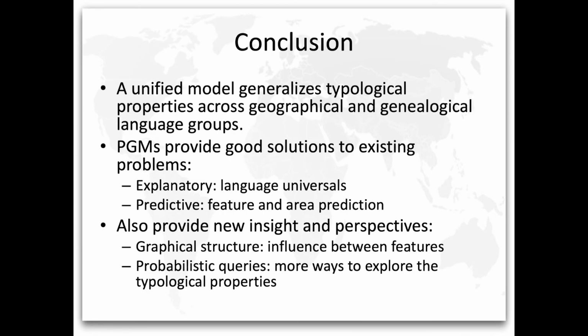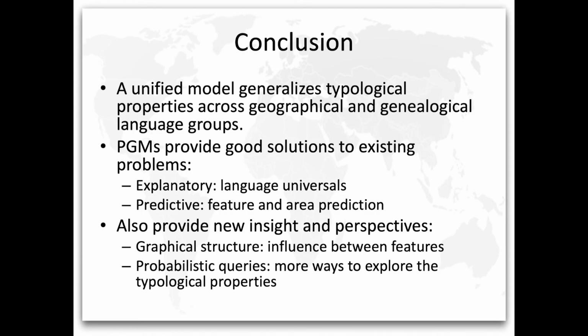Okay, finally, the conclusion. We developed a unified model that generalizes typological properties across geographical and genealogical language groups. PGMs provide good solutions to existing problems. They have very good explanatory power to explain the language universals, that is, the dependence between typological features.